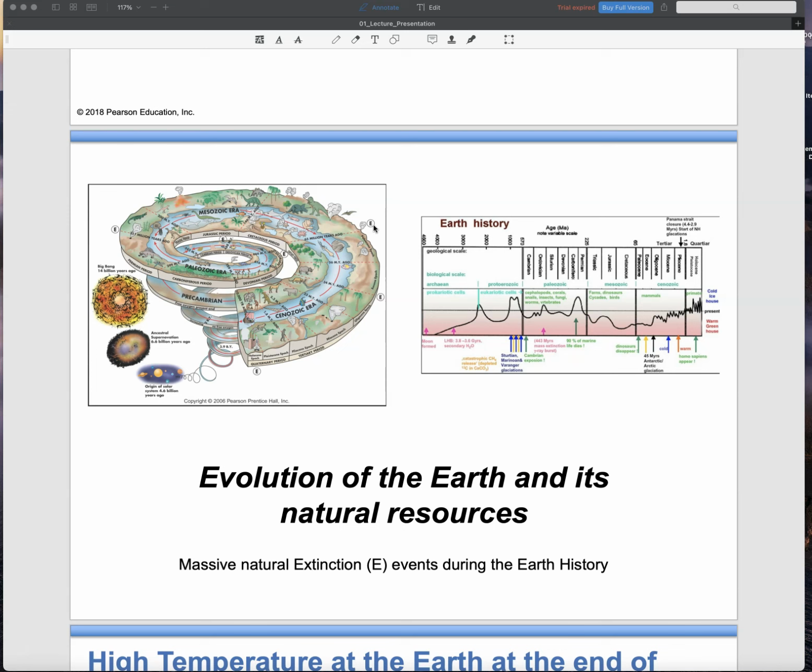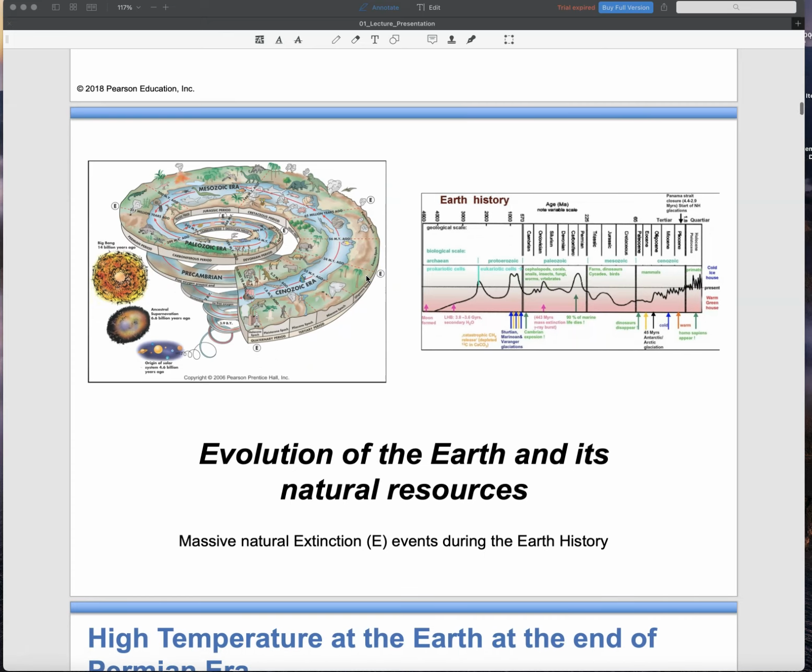So how many extinctions have we seen on the earth during all this geological evolution of the planet? Well, we have 5. As you can see here, whenever you see this E and E and E, those are extinction events on the planet.